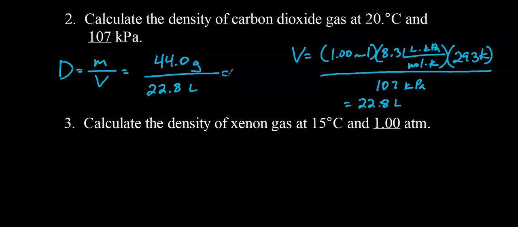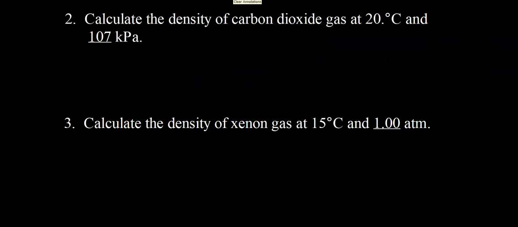Notice that's a little different than the standard molar volume of a gas. Standard meaning at STP. And so again, we just divide these and we get a density of 1.93 grams per liter. Well, I said there's another way that we can do this. What is the other way of determining the density of a gas not at STP?